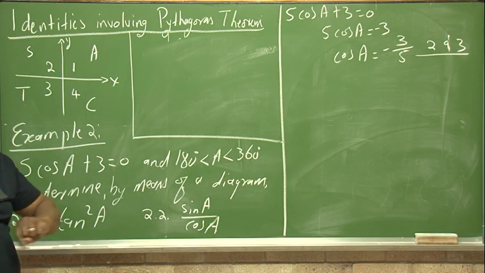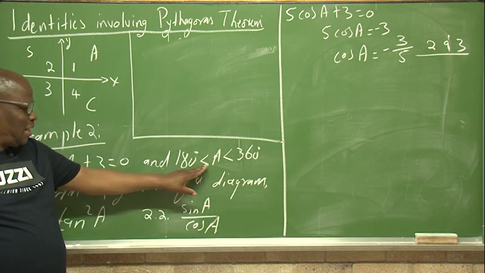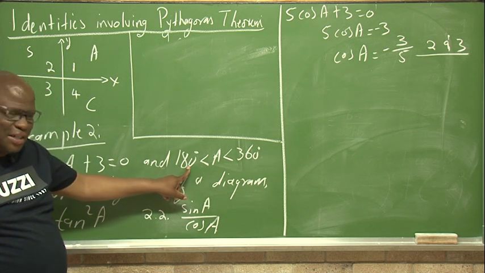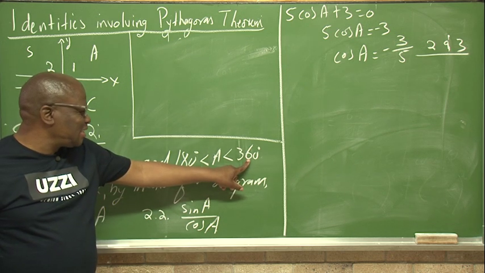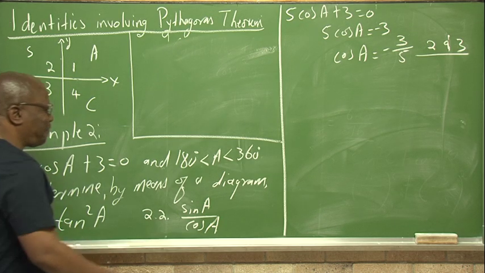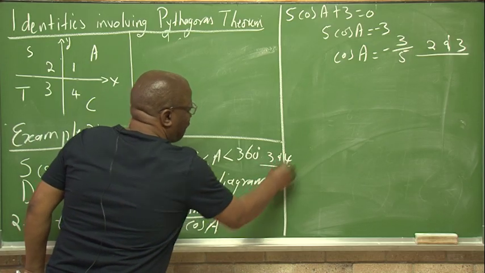Now we ask, which quadrant should we use? Let's read this statement further. Angle A must be greater than 180 but less than 360. Remember, you've got 0 here, 90, and 180 should be here. So if they say it's greater than 180 but less than 360, they are referring to the third or fourth quadrant.